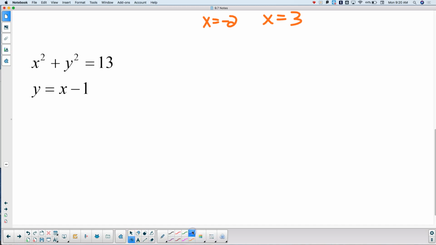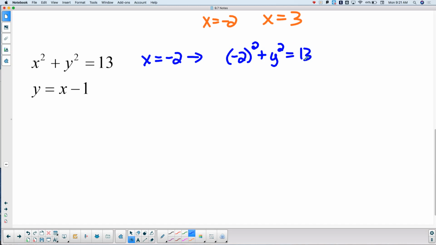So I first look at x equals -2. What I do is plug that into both of those equations. I can't get away with just plugging it into one. I've got to do it into both. So if I plug -2 into that top equation for x, I get -2 quantity squared plus y squared equals 13.